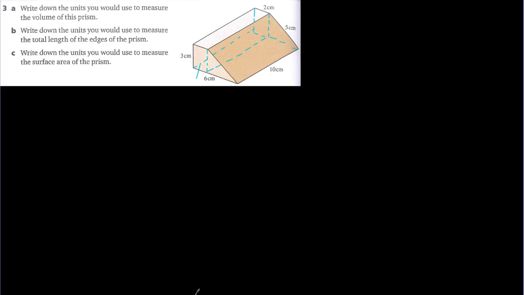Here this is the cuboid, and this second part that you see here is the triangular prism.